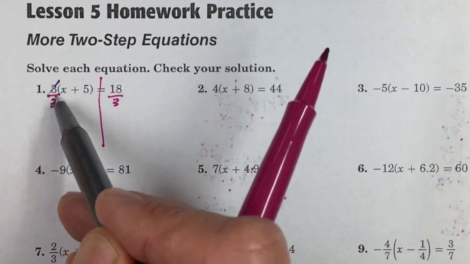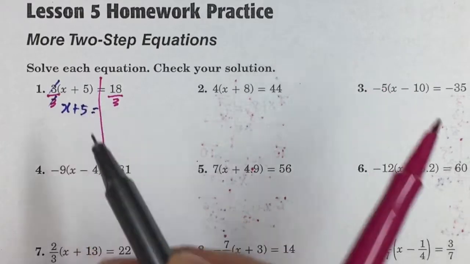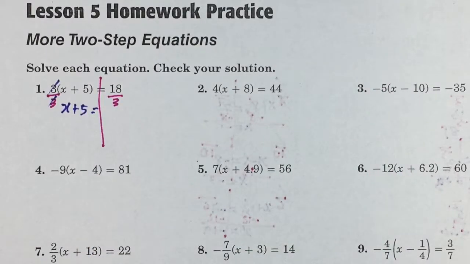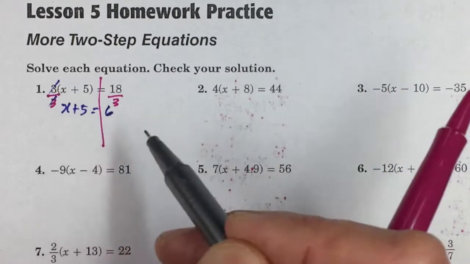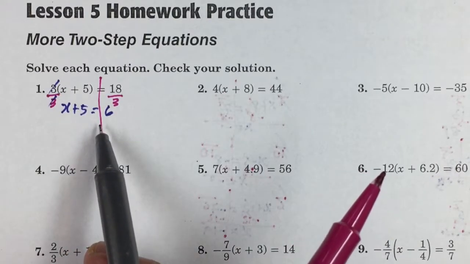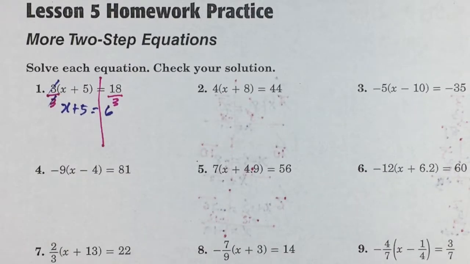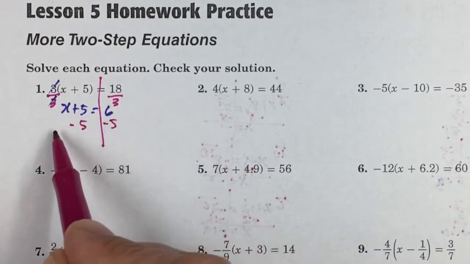That makes the 3 cancel, and I have a leftover x plus 5 equals 18 divided by 3. 3 times 6 is 18, so this is going to be 6. Now I have a new equation, x plus 5 equals 6, and I'm going to get rid of the 5. The 5 is adding, so I subtract 5 both sides.